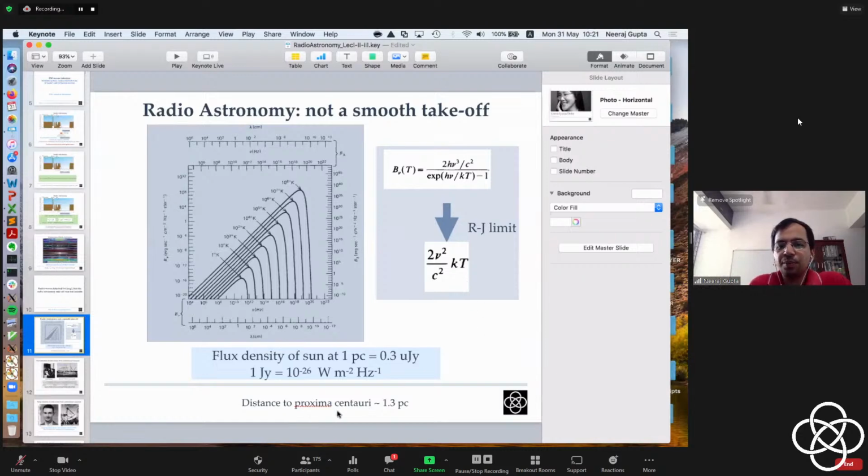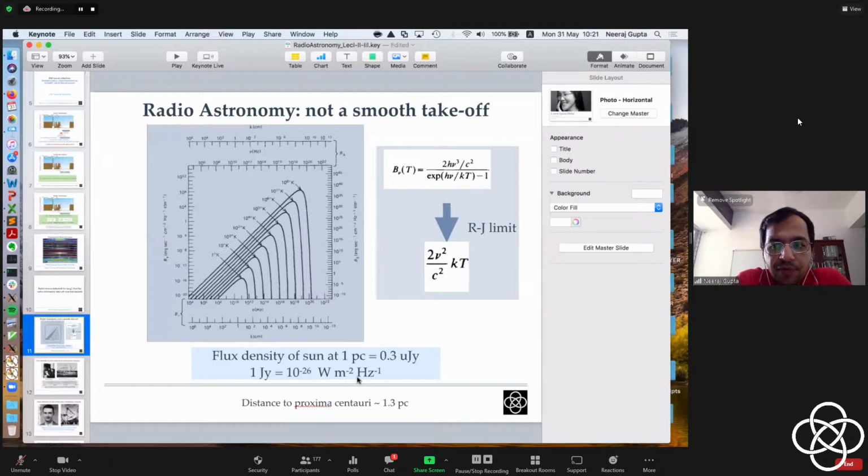Because that's about the distance to Proxima Centauri, the nearest star that we have, at 1.3 parsec. So if we put our Sun there, it would give a signal at radio wavelengths of approximately 0.3 microjansky, right? So 0.3 microjansky, you can guess, is pretty faint. 1 Jansky is equal to 10 to the minus 26 watts per meter squared per hertz per steradian, right? That's the unit of Jansky that we have here.